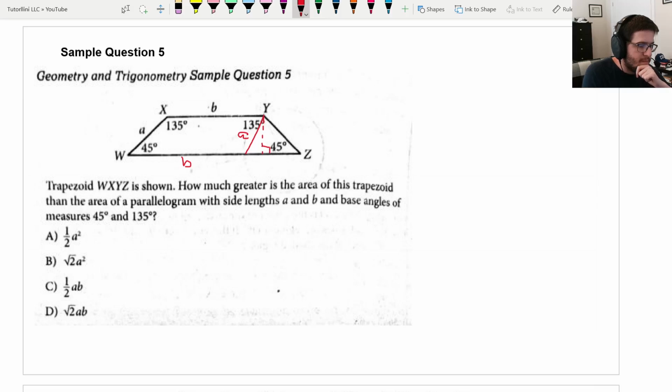Let's see. Well, this one is a 45, 45, 90, the one on the right. But I don't know what the height is.